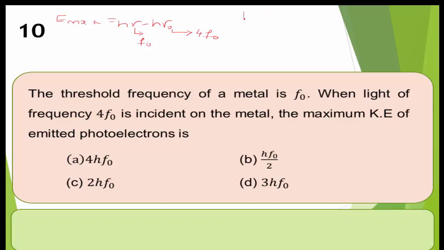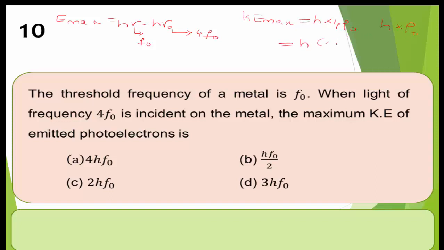Now reconstruct this formula. The maximum kinetic energy is equal to h into, now substitute the F0 value, that is the kinetic energy when a light of frequency 4 F0, h into 4 F0 minus h into F0.